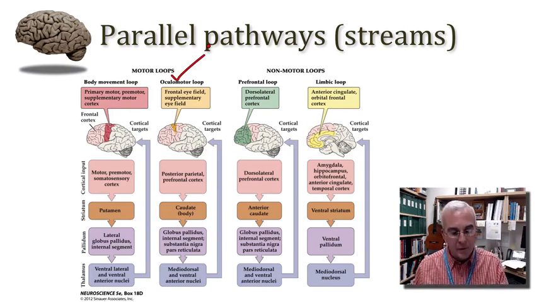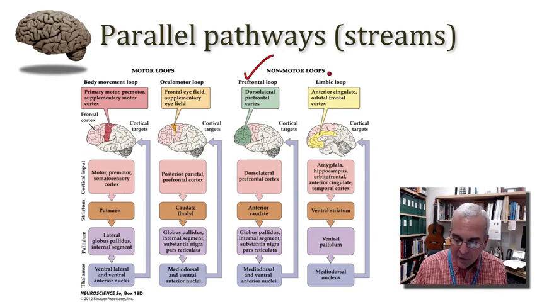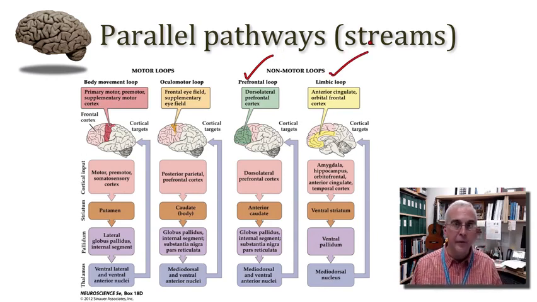And on the non-motor side, we can recognize a loop that is concerned with the functions of the prefrontal cortex that we'll talk about in a few tutorials. This plays an executive functioning role in cognition. And there are processing streams that seem to involve the limbic parts of the forebrain. And these are brain regions that are involved in the experience and expression of emotion.